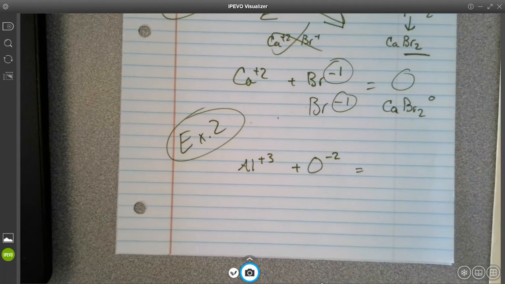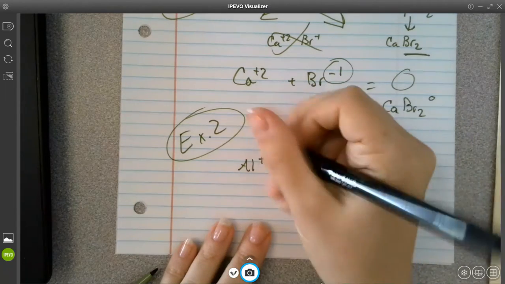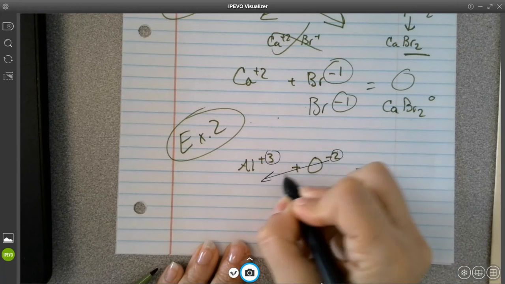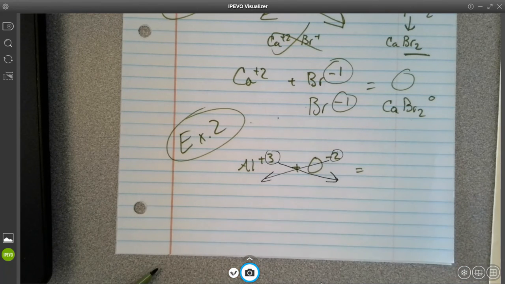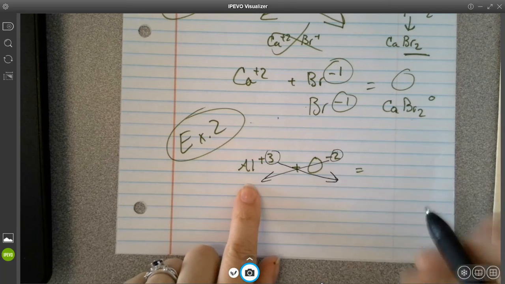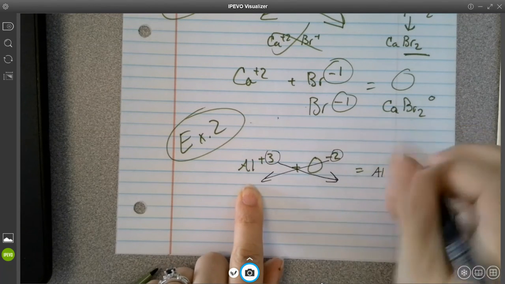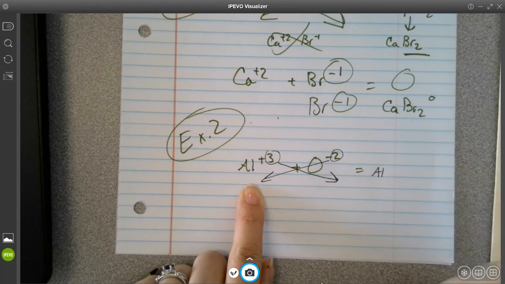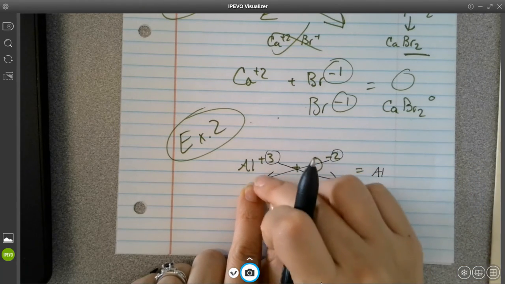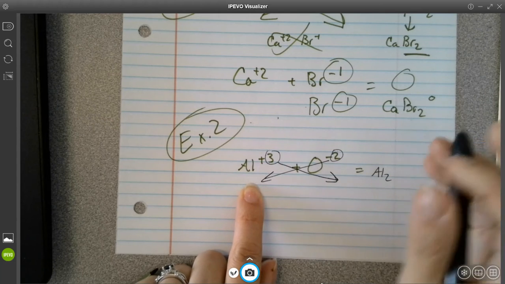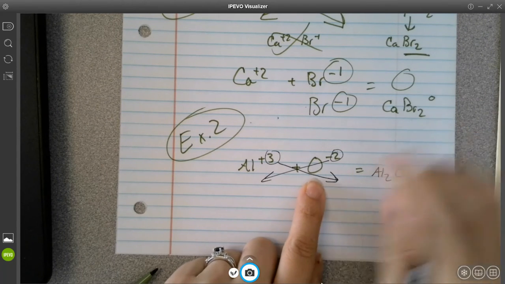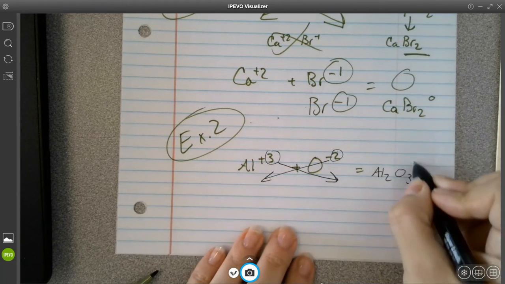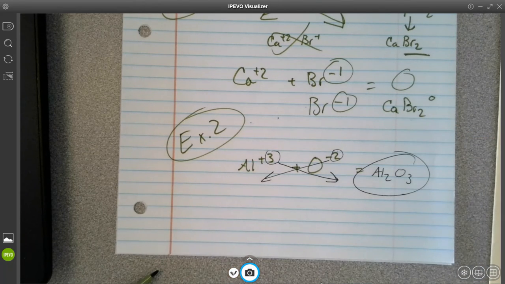I would have to complete my drop and swap, or your crisscross, whatever you want to call it. You're looking at Al, take the number, not the negative, you don't need that, you just need the number. So Al2, oxygen, you take the number 3. So my final compound would look like this.